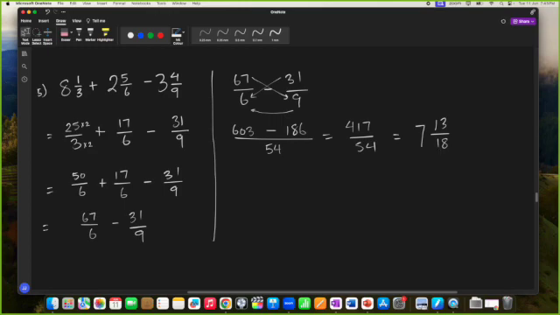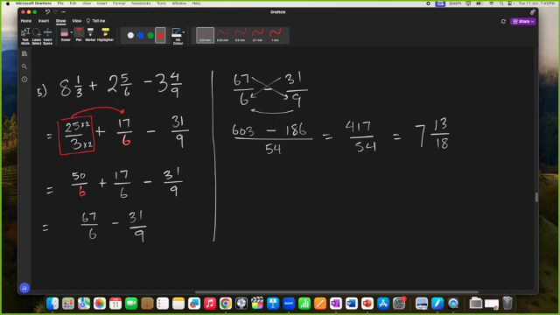Yeah. Why did you multiply 25 over 3 by 2? Oh, because I was trying to decide what to do. I decided I wanted to add this and this. And so what I did was I turned this into an equivalent fraction where the denominator would be the same as this.